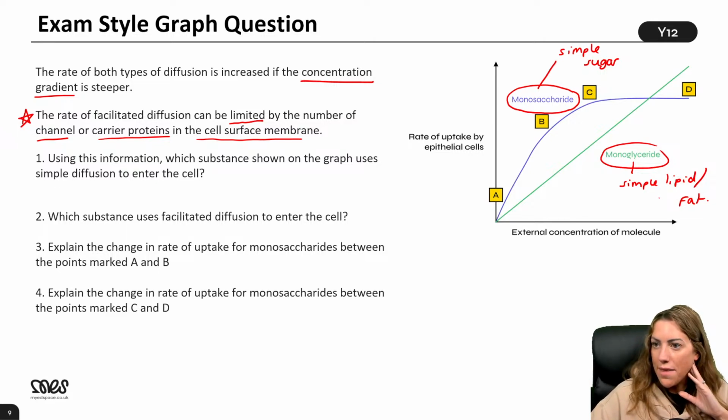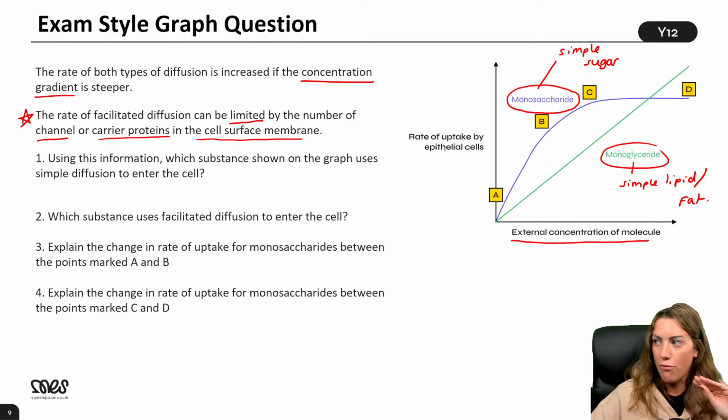Which one do we think uses simple diffusion? You need to look at what's on the x-axis. On the x-axis, we've got the external concentration of the molecule. As we go along the x-axis, we are increasing the outside concentration of the substance.